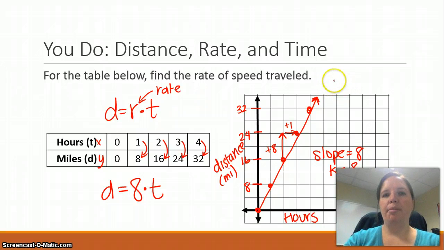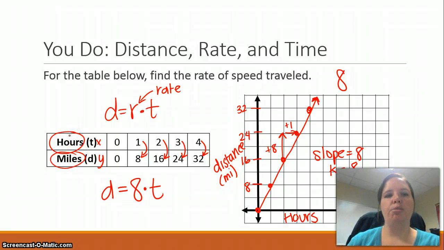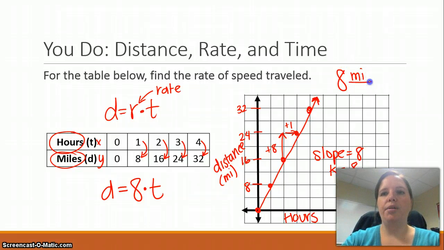What speed are we talking about here? 8, we need what kind of units? Well, look at how you find slope. You take the y values over the x values, so it's the y units over the x units, miles per hour, 8 miles per hour.